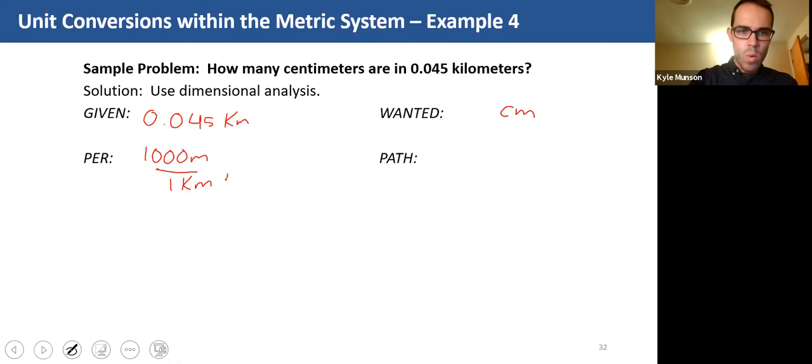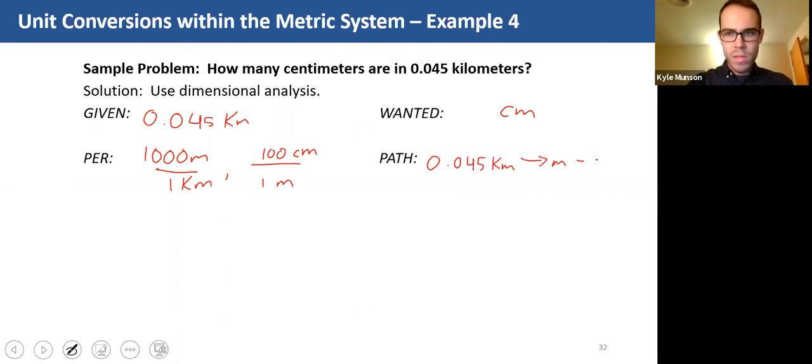So for every 1 meter, there's 100 centimeters. Okay? So the path I'm going to take, I'll write it over here. We want to go to meters, and we want to go to centimeters.